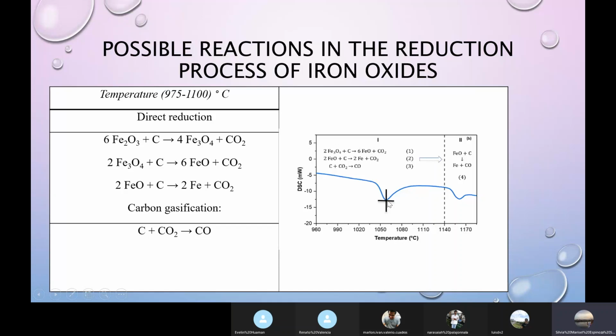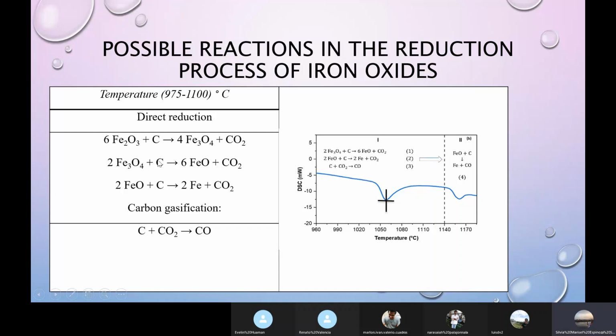This is the reason for the 26% mass loss. First, hematite with carbon produces magnetite and carbon dioxide.